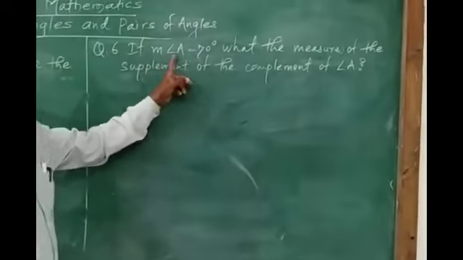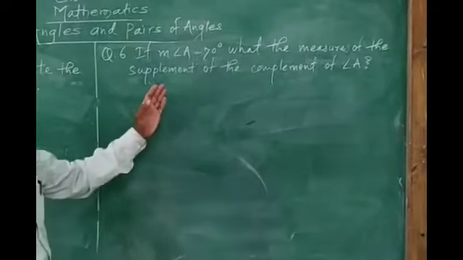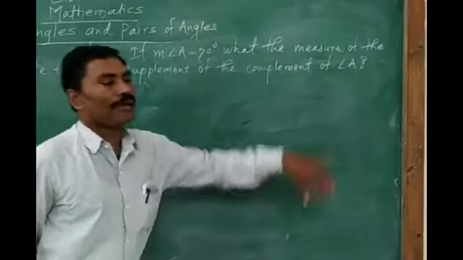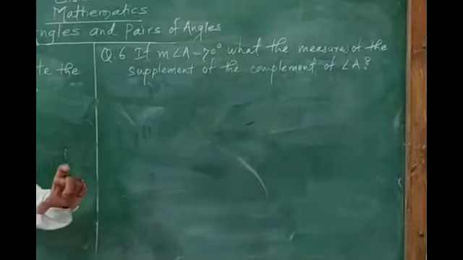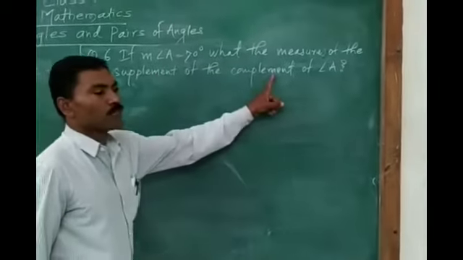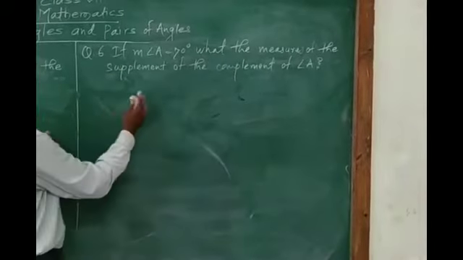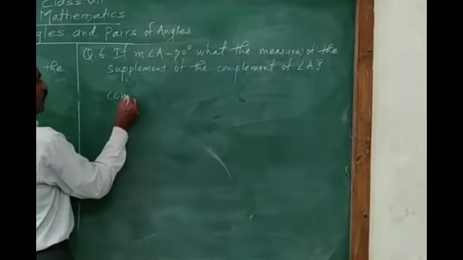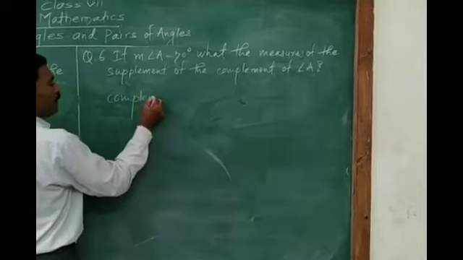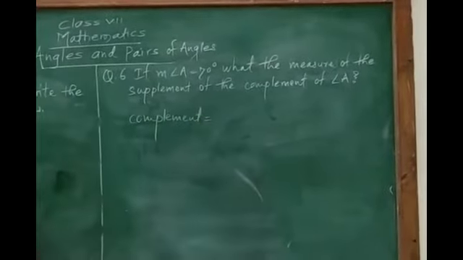Now, sixth question. If measure of angle A is 70 degree, what is the measure of supplement of the complement of angle A? Two sub questions are there in this question: supplement as well as complement. We'll see first complement. First we find complement. How to find complement?